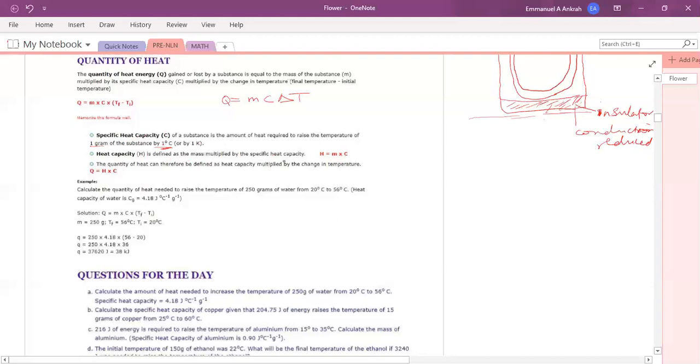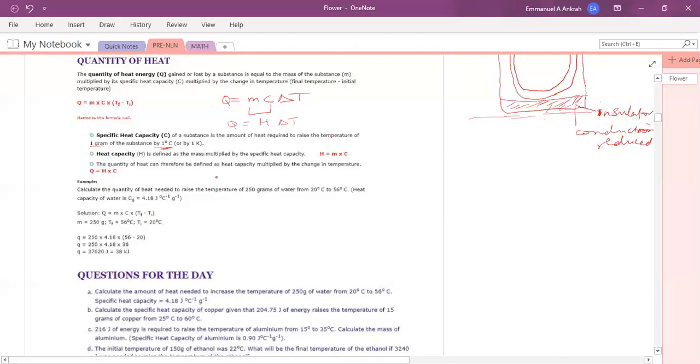With this information, the quantity of heat can therefore be defined as the heat capacity multiplied by the change in temperature. If you go back, MC is your heat capacity, and this is your change in temperature.